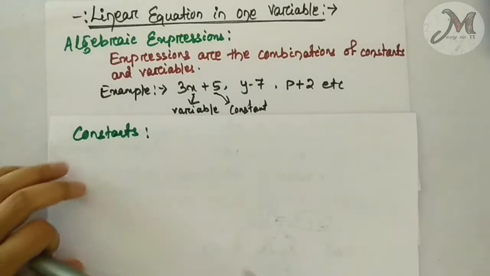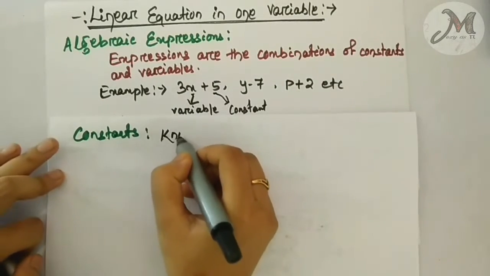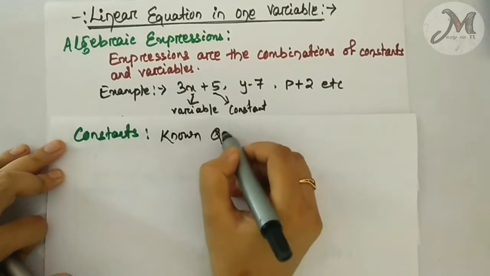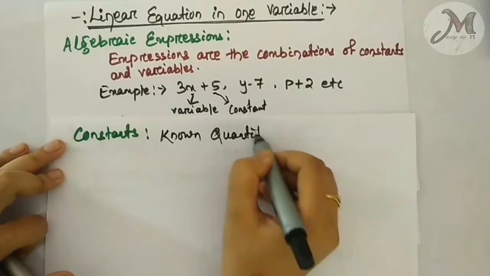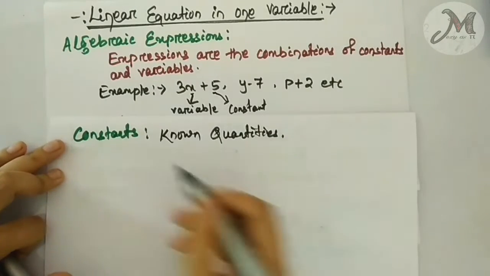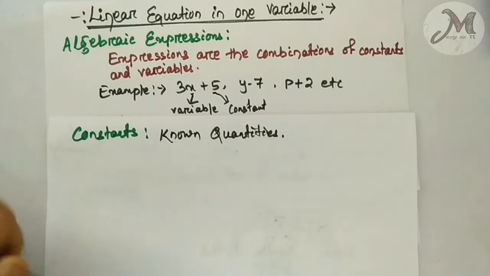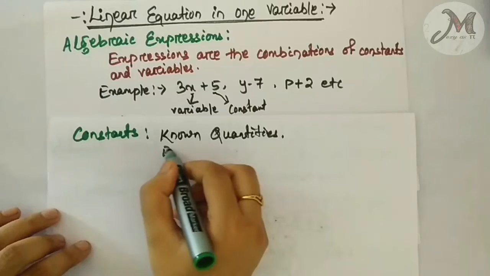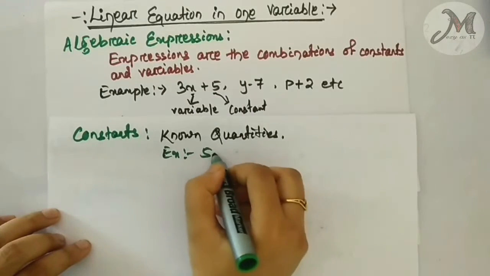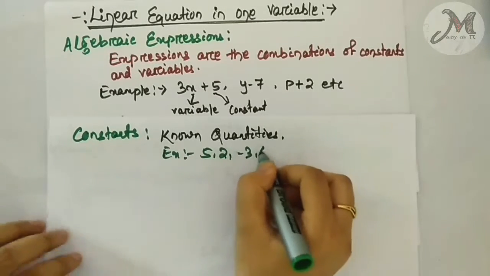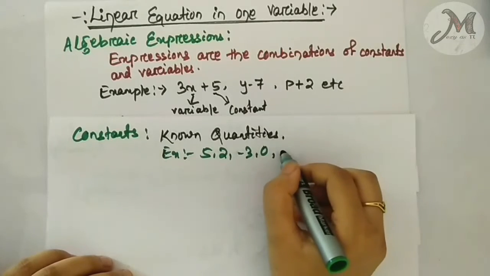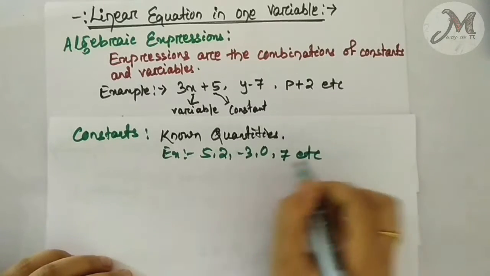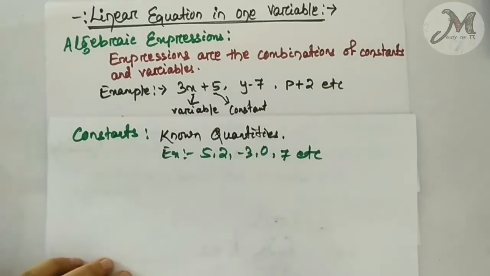Constants are the known quantities. For example, we can take any number to represent constants: 5, 2, minus 3, 0, 7, etc. All these numbers are constants.